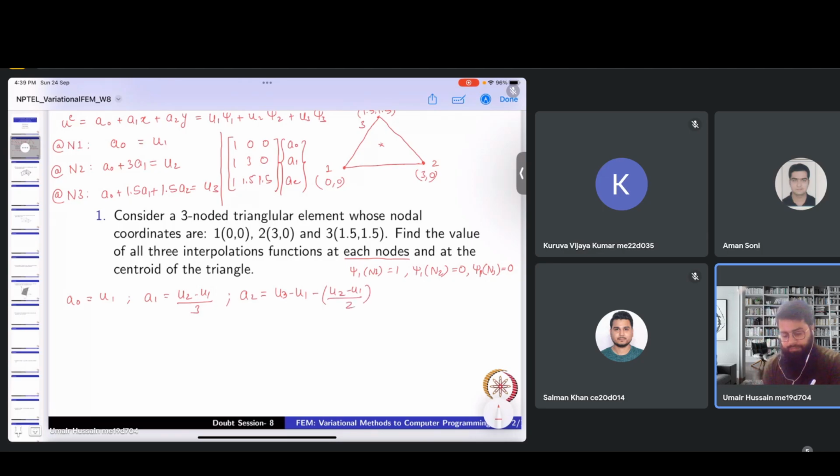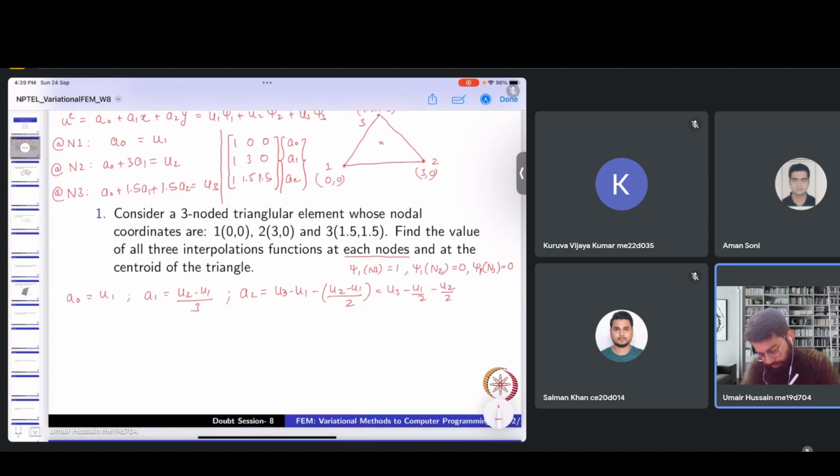So 1.5 upon 3 would be 1 by 2, I believe. So u3 minus u1 plus u1 by 2 would be minus u1 by 2, and again minus u2 by 2. So we substitute this back into the first equation.